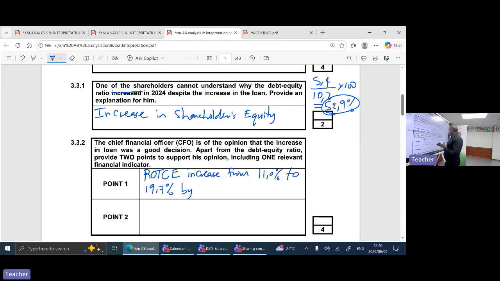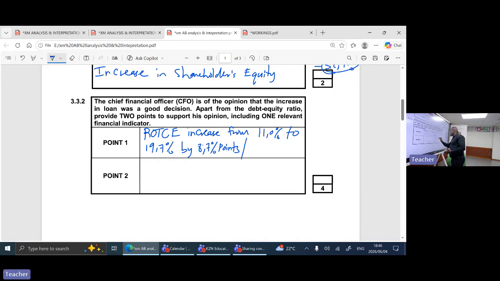By how many percentage points? 19.7 minus 11, by 8.7 percentage points. Or relative increase: 8.7 divided by the before increase, 11, times 100. Then the answer is by 79.0%. Right? Go 79% lapana uROTE. So that's a big increase.